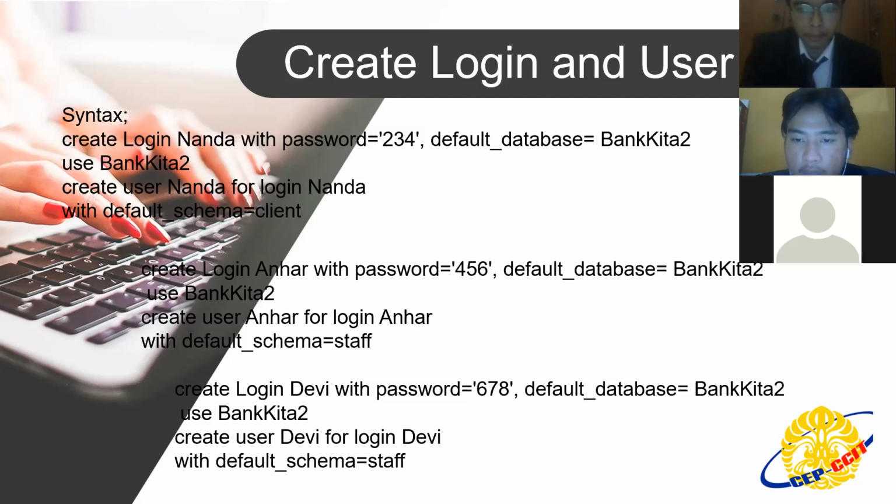If Anhar accesses the client, the program is error or not running, and Anhar must access the staff keamanan. And the third step, create login DP with the password, default database Bank Kita, number one and number two.